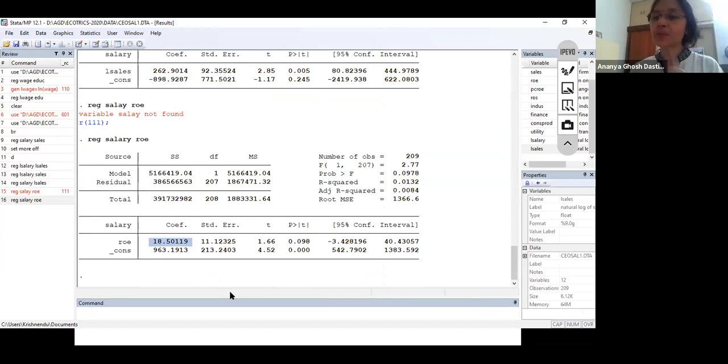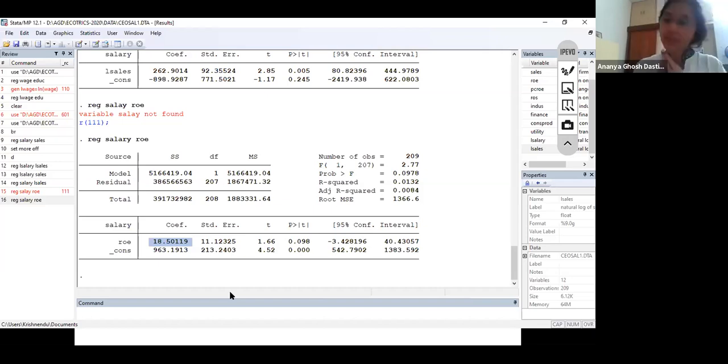What is 1 unit? 1 percentage point, because ROE itself is a percentage. So if ROE increases by 1 percentage point, the CEO's salary will increase by $18,500.